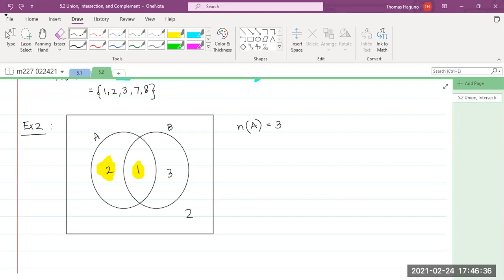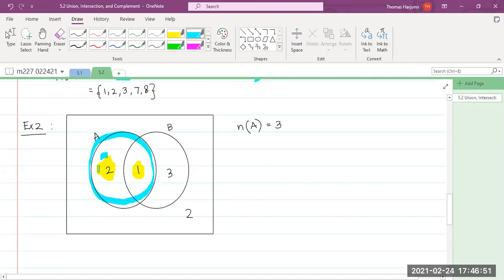There are 2 elements outside of B and 1 element inside of B. The number of elements in A will be this. That's the number of elements. 2 of them outside of B, 1 of them inside of B.